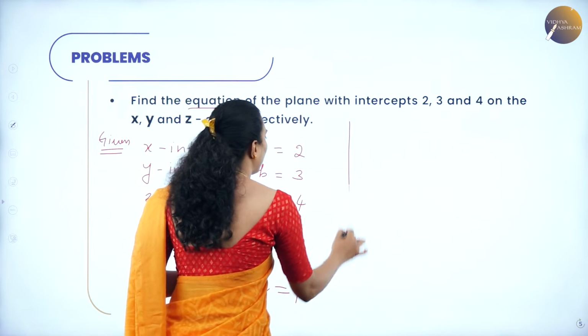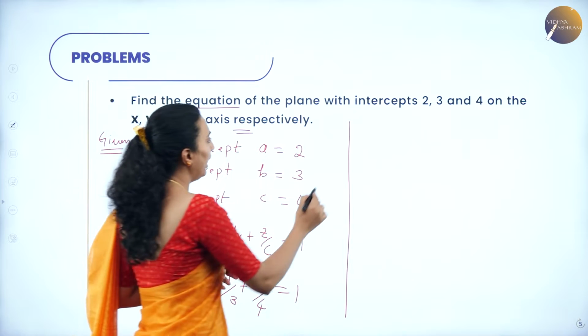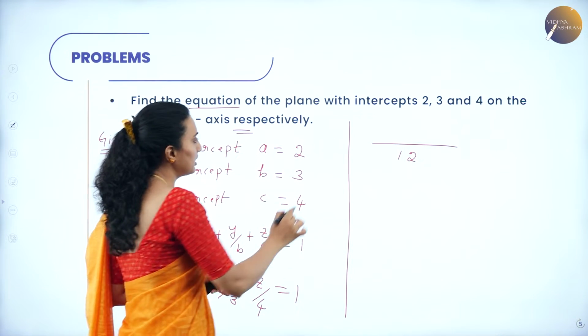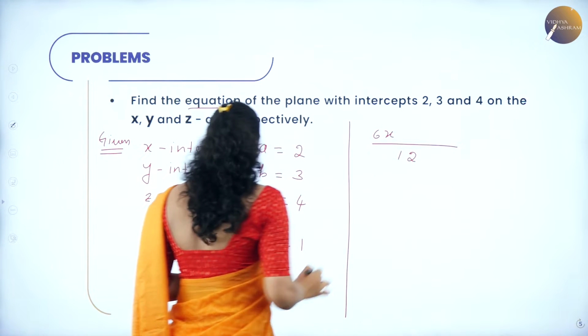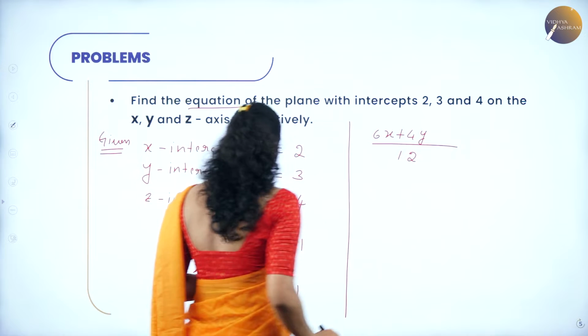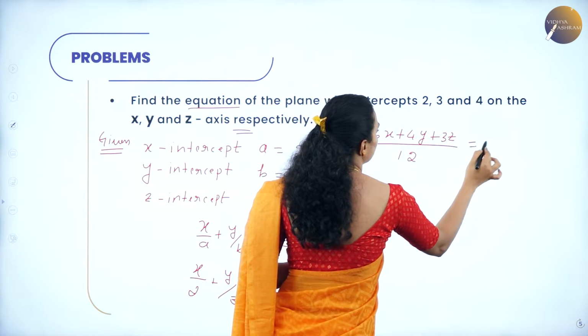So, 12 as the LCM. 2 6s are 12, which is 6x. Again, 3 4s are 12, which is 4y. Again, 4 3s are 12, which is 3z, is equal to 1.